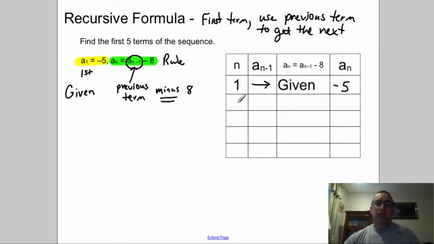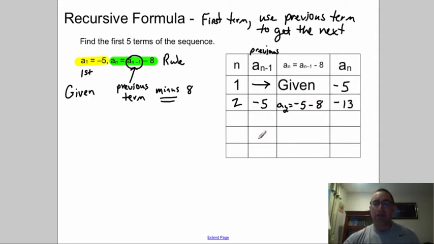Okay. Well, to get the second term, I'm going to need the previous term. So remember, this column, the a sub n minus 1, is the previous term. So the previous term here is negative 5, right here. My formula says take the previous term, which is the first, and subtract 8.